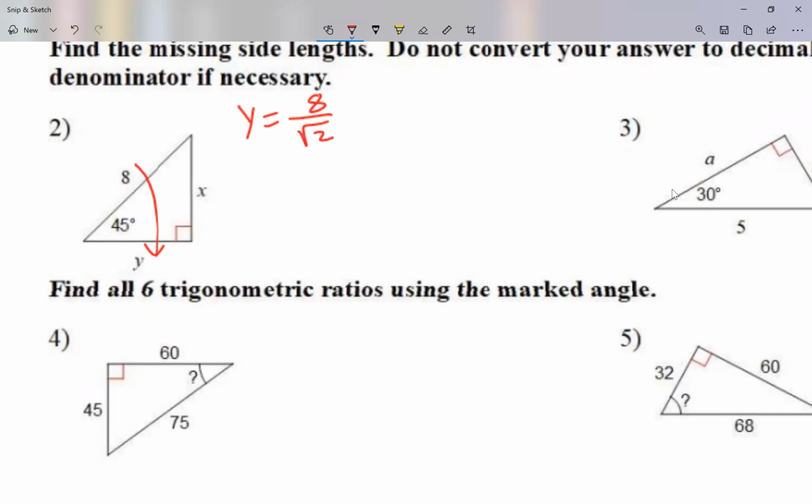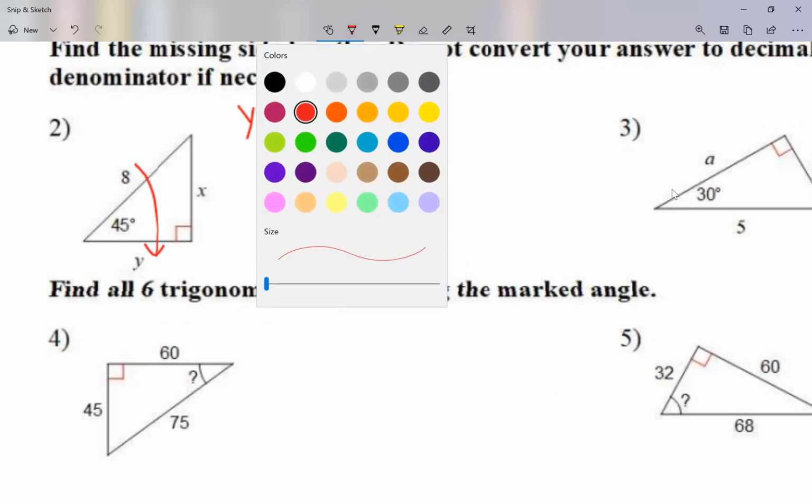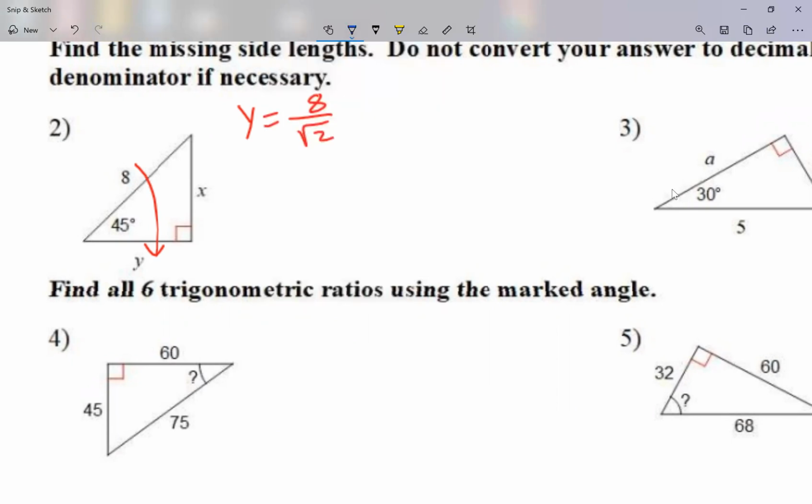Now remember, I cannot have decimals. I'm not going to move this to decimals. Another thing that I was told is rationalize. So no radicals at the bottom. Now what I'm going to do, let me multiply top and bottom by the square root of 2. So on the top, I have 8 square root of 2.